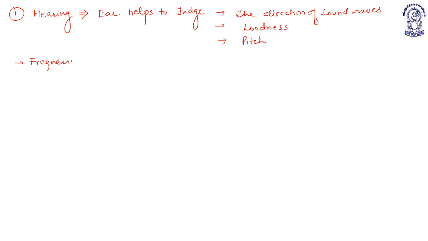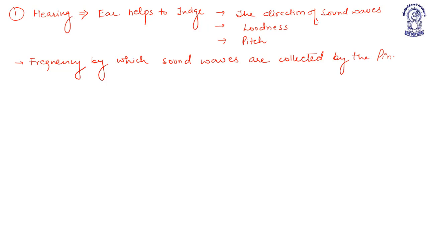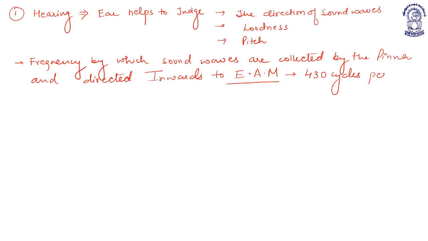The sound waves are collected by the pinna and directed inwards through the external auditory meatus at a frequency of 430 cycles per second.